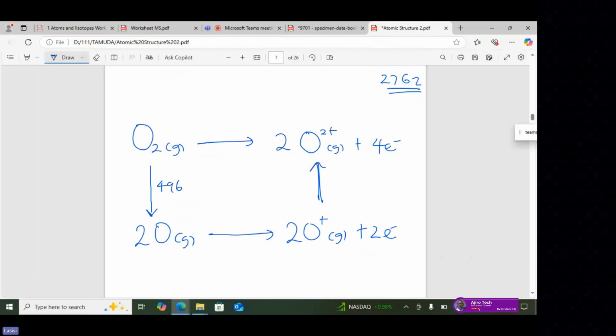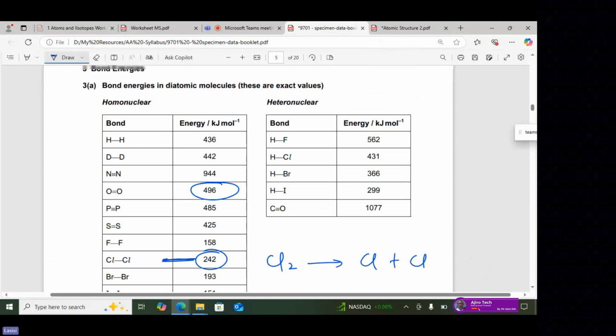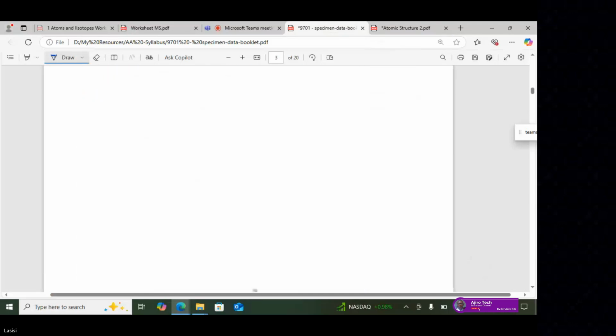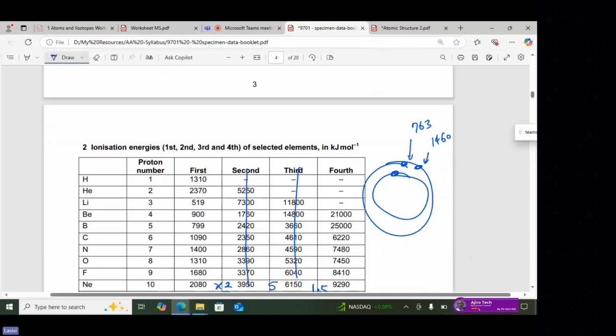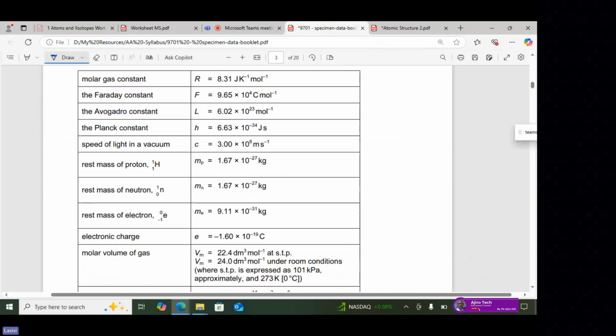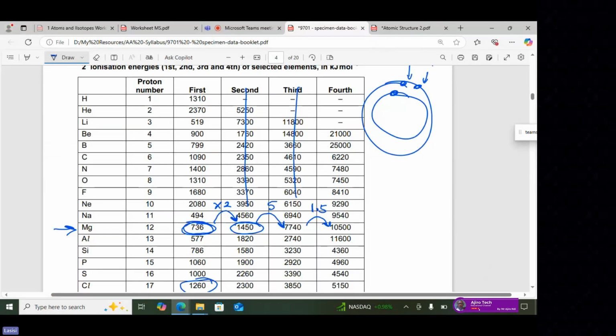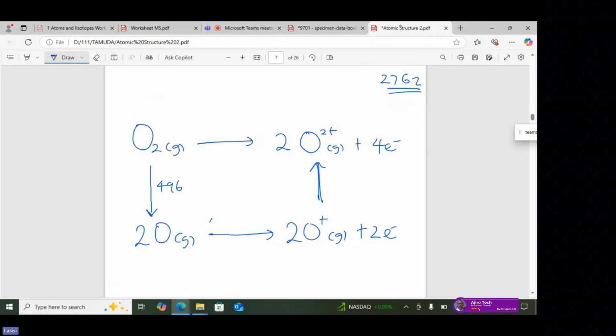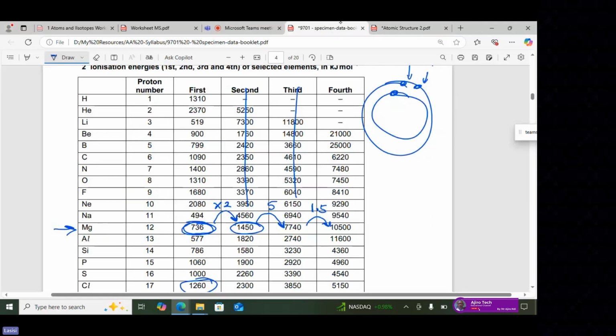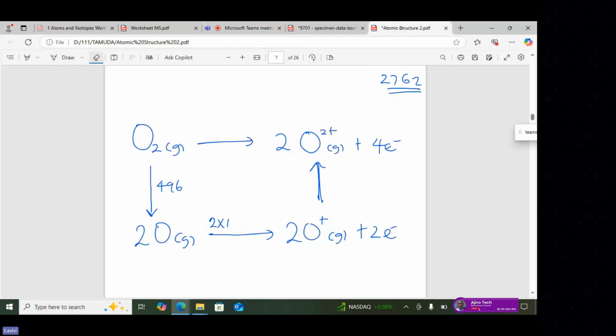What is the second step? First ionization energy times 2. Let's go and see O. The first IE is 1310, so 2 times 1310.